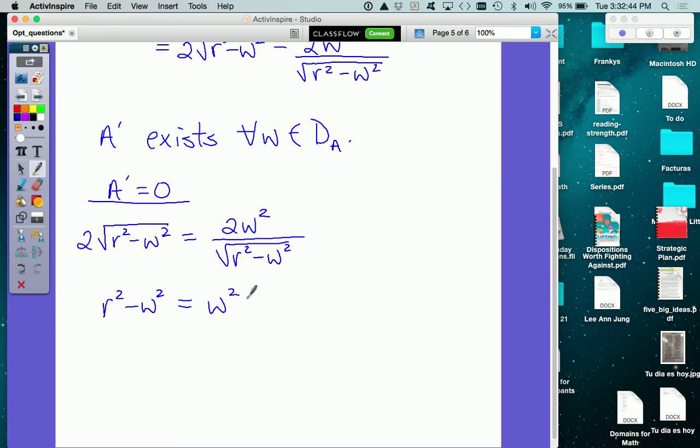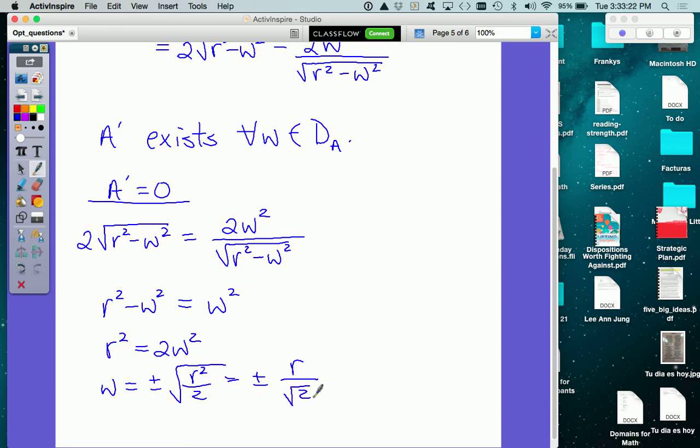And so this works out very nicely to r squared equals 2w squared, and therefore solving for w, because w is the variable I'm interested in, I get w equals plus or minus the square root of r squared over 2, which is the same as plus or minus the square root of r squared, which is r, divided by root 2.